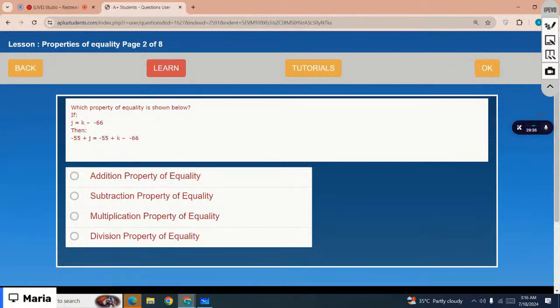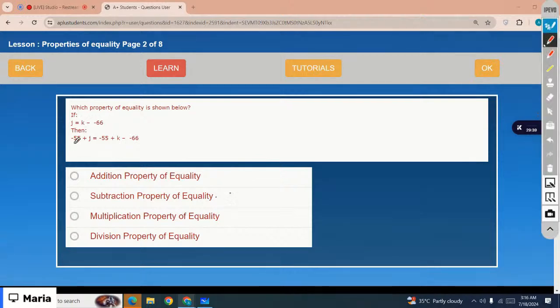Which property of equality is shown below? If j equals k minus negative 66, then negative 55 plus j equals negative 55 plus k minus negative 66. So basically, you added negative 55 on both sides, right?